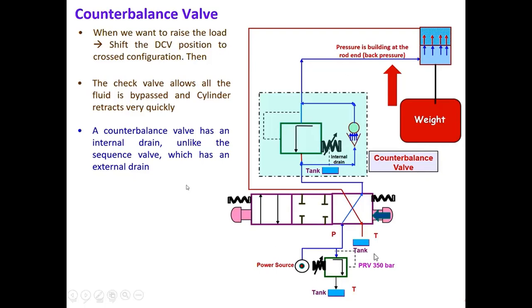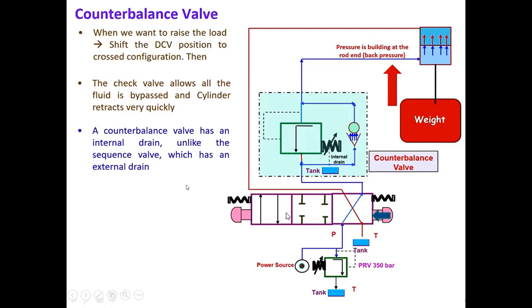See here. When we want to raise the rod, shift the DCV position to the cross configuration, meaning here. The check valve allows all the fluid to bypass and the cylinder retracts very quickly.